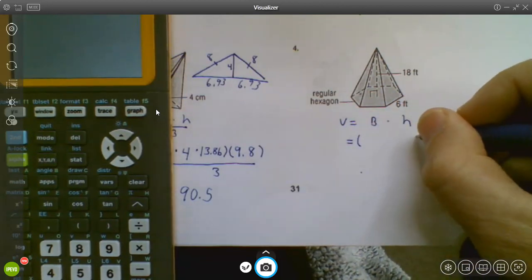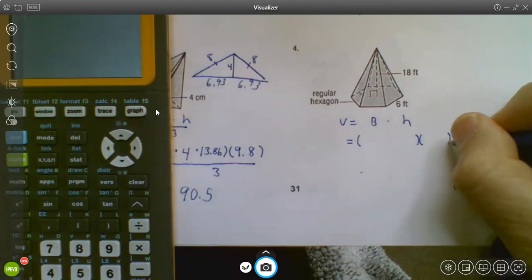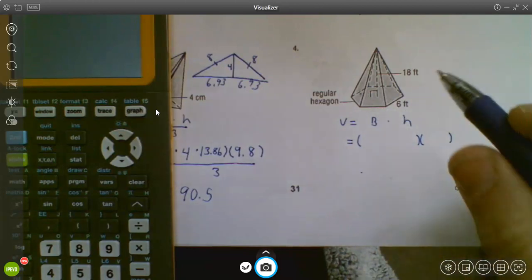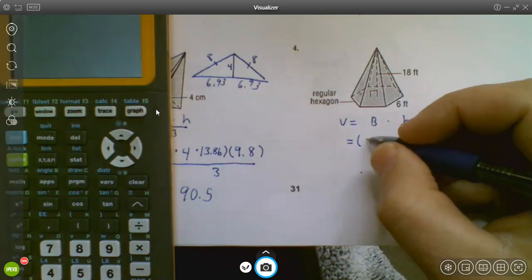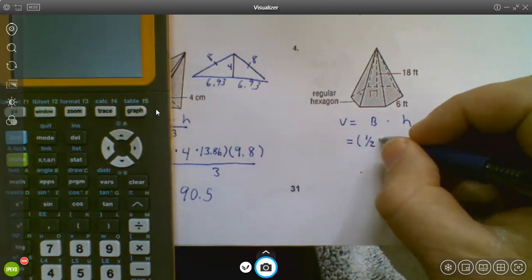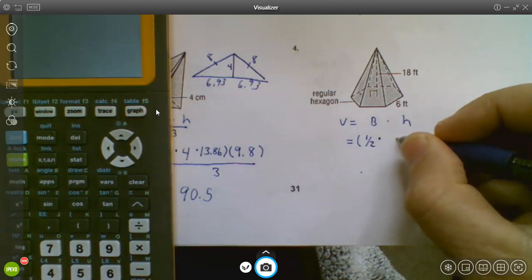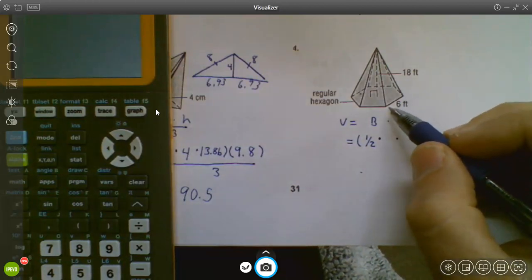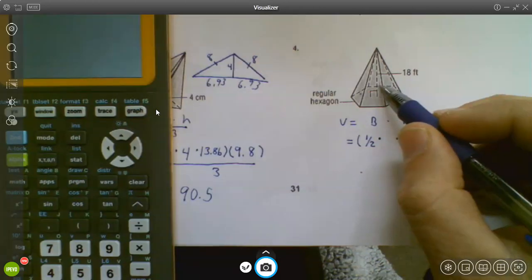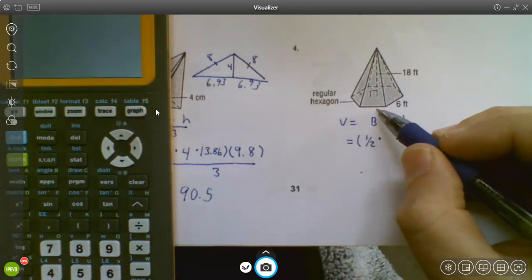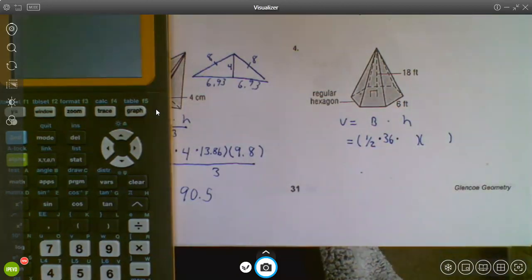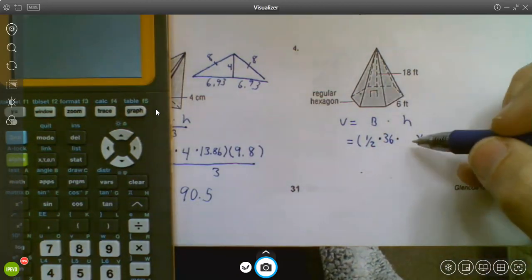In this case, because our base is a hexagon, remember our formula for the area of a hexagon is 1/2 AP, so 1/2 times the apothem times the perimeter. The perimeter on this will be really easy to find. The sides are 6, and I have 6 of those. So 6 times 6 gives me the perimeter, which is 36. I just need the apothem, right?